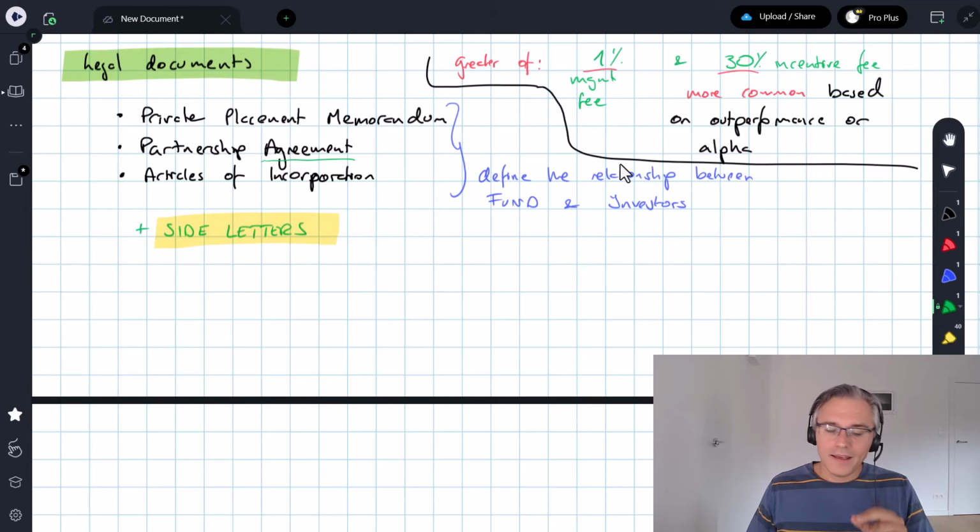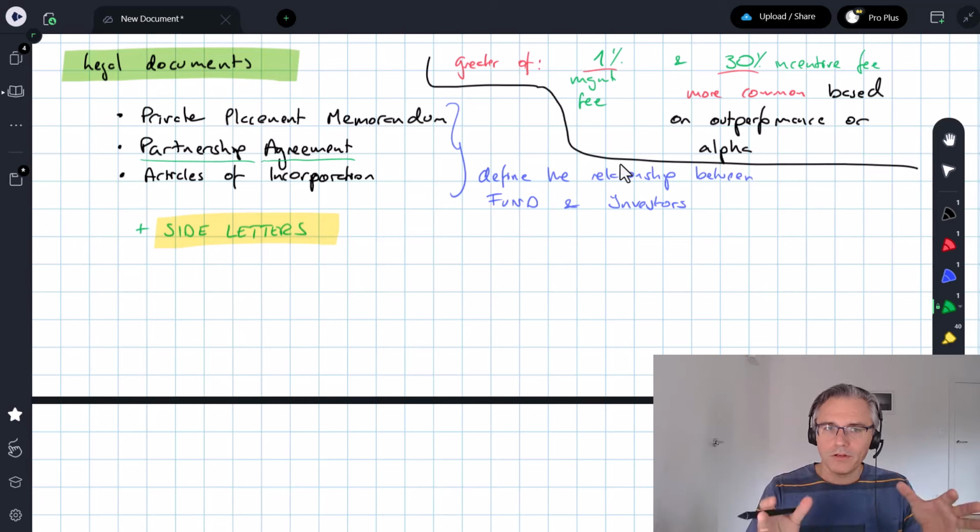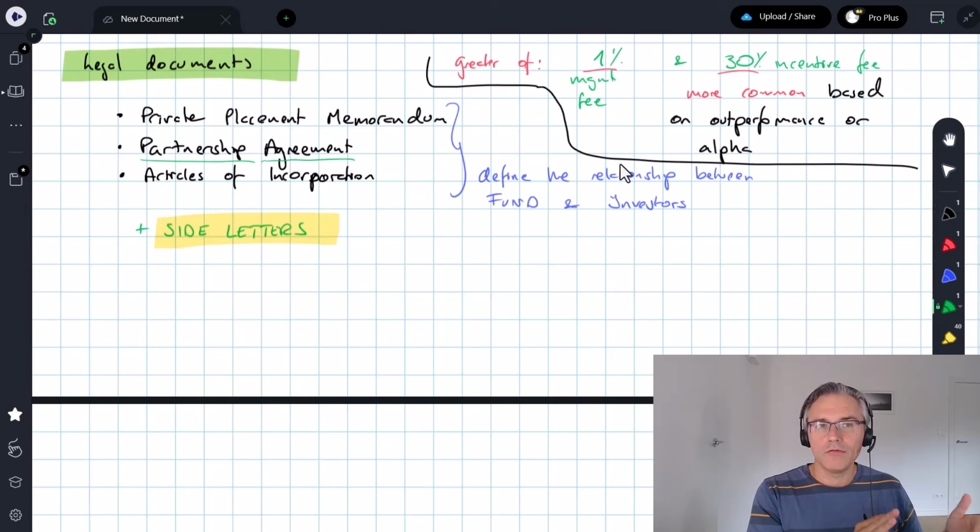Now, in this case, instead of trying to put this into writing and into force at the partnership agreement level, we keep the partnership agreement as it is, stipulating the general rule, but in a side letter signed with that specific investor, we grant them that concession, which supersedes or overrides what's in the general agreement signed by everybody.